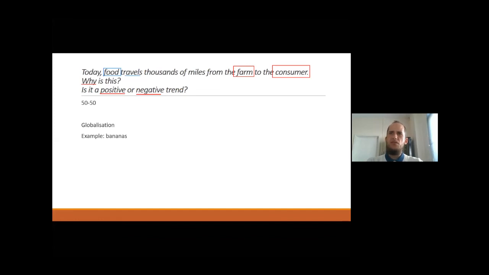And that's why I've decided to go 50-50 on this essay. And I really push that forward: that globalization is great. We can enjoy great things from different countries, for example, bananas. But then I'm going to go and say there is a negative side to that. And I believe it is a negative trend because of the spread of disease.